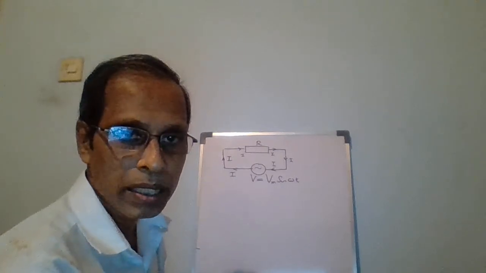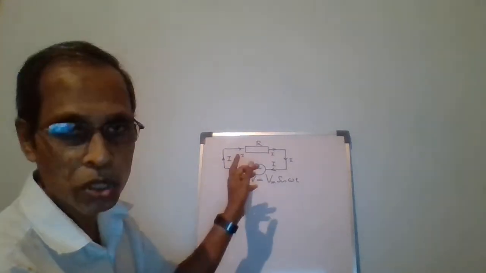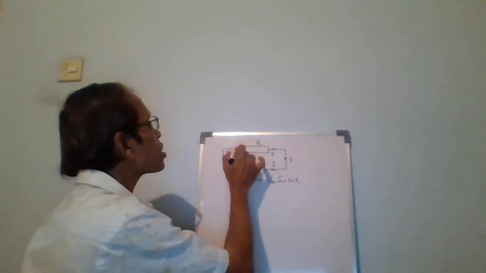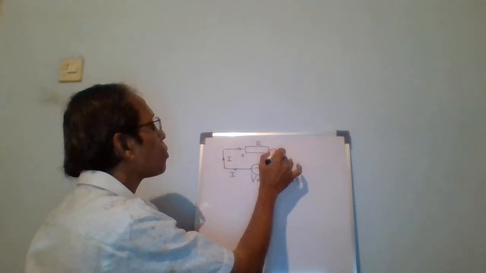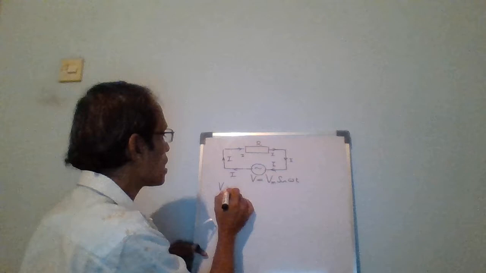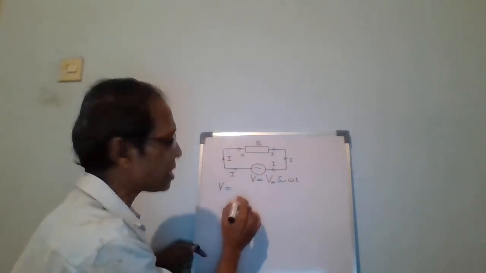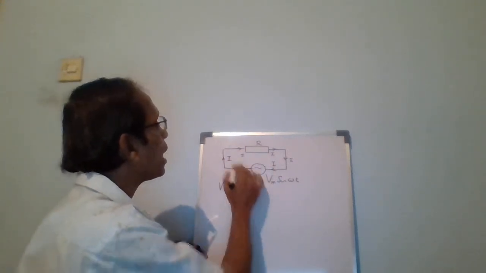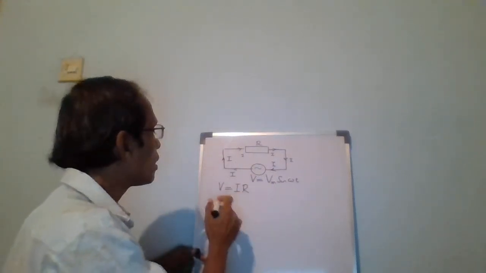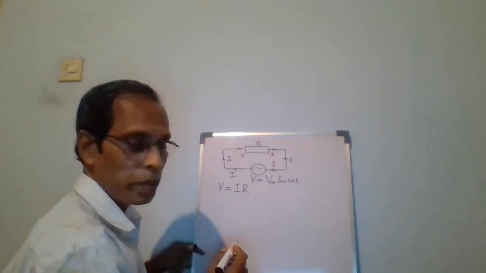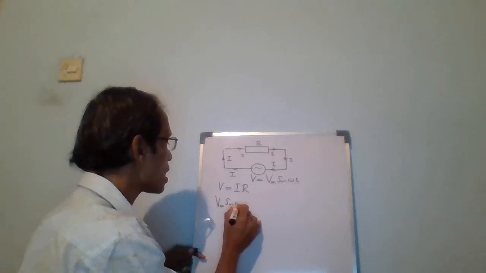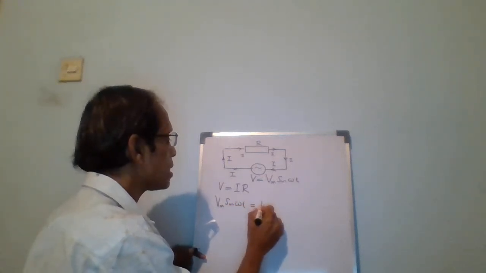Then we can apply V equals IR, Ohm's law, for this resistor. The voltage difference between these two points of the resistor is V, the same V here. I is the current flowing through the resistor, and R is the resistance. But V is equal to Vm sine omega t, which is equal to IR.